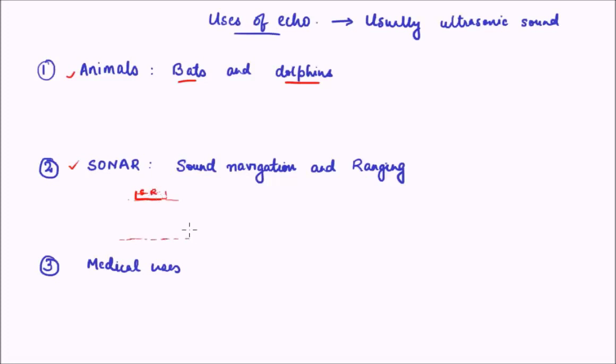The source will generate sound and transmit it in different directions, and whenever an obstacle is encountered, the obstacle will reflect back the sound and the receiver will receive it. We will know the time difference between the emitting of the sound and the receiving of the sound, and as a result depth analysis can be done, that is, from how much depth the sound is being reflected back.